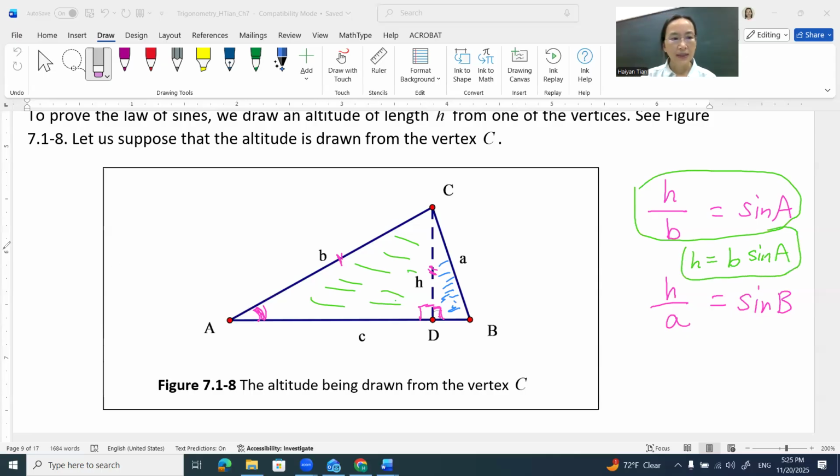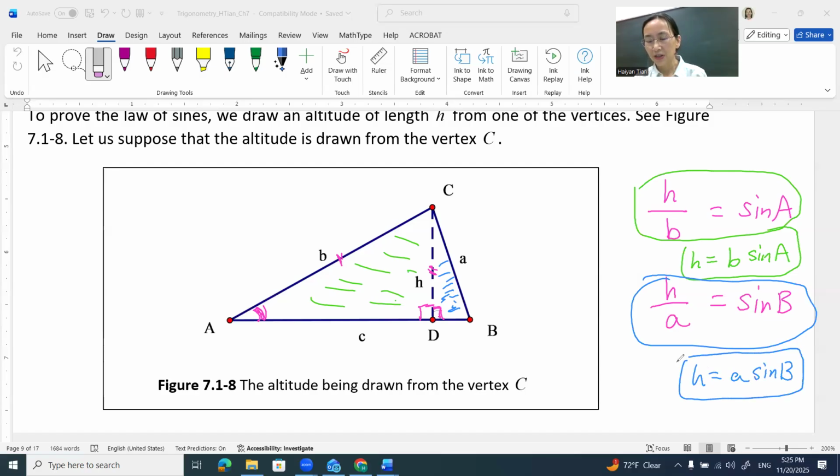And then solving this one, we also get H. H is a sine B. So it is the same H, but a different representation.